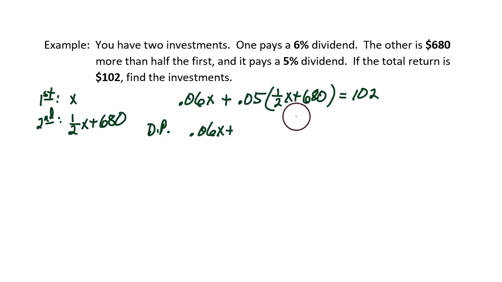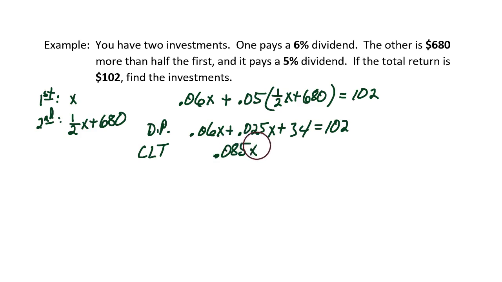0.05 times 1/2 x is 0.025x. 0.05 times 680 is 34. Next up, combine like terms. 0.06x and 0.025x combines together to 0.085x.